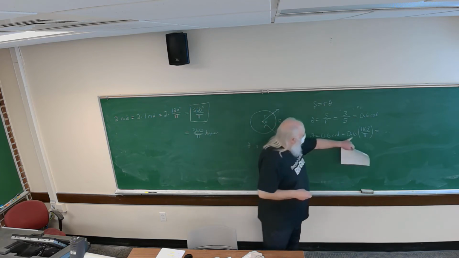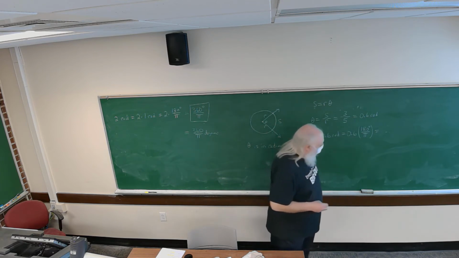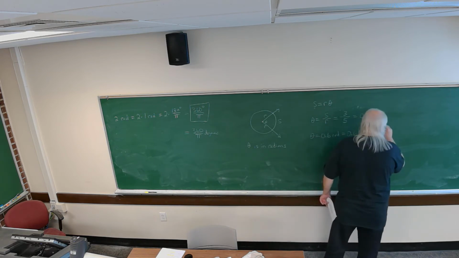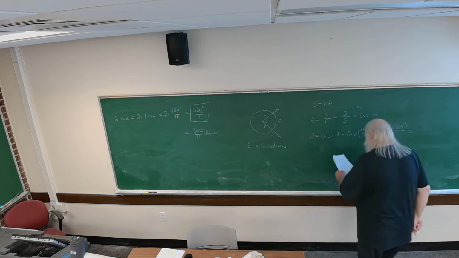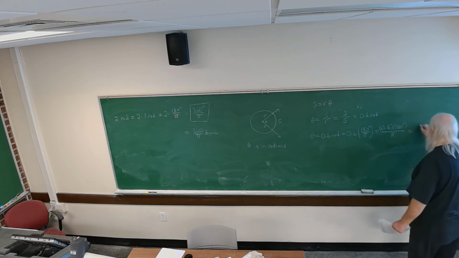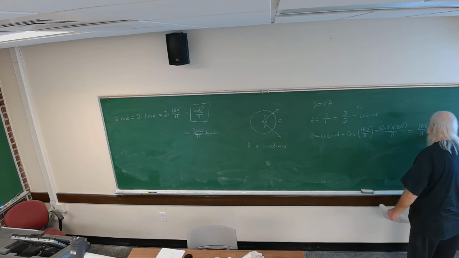So you gotta multiply 0.6 times 180 degrees over pi. And when you carry out that calculation in the numerator, you get 108 degrees over pi.